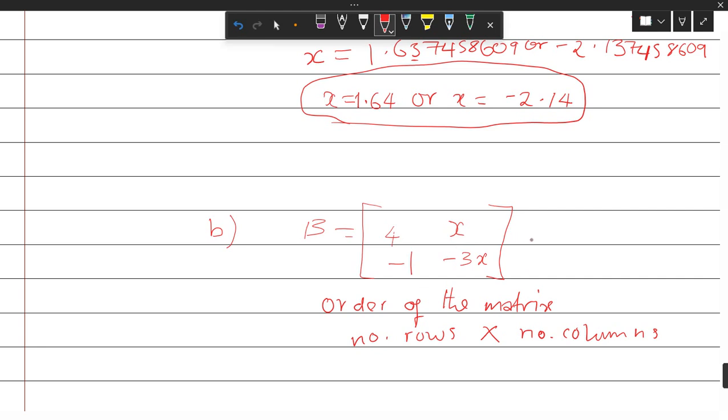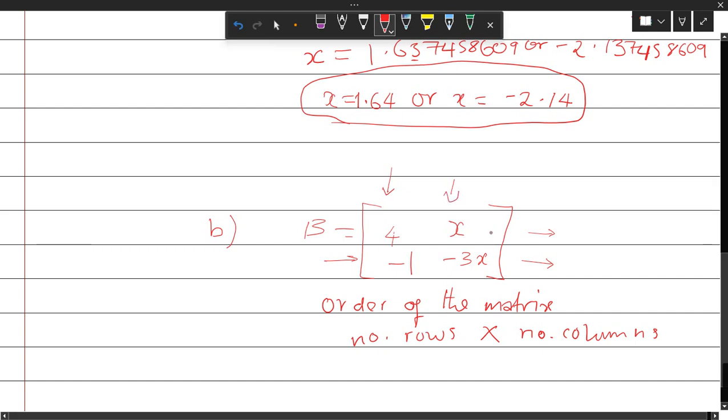Rows are when you look at a matrix in this direction. So this is row number 1, this is row number 2. Then columns, you look at the matrix from the top. So this is column number 1, this is column number 2.